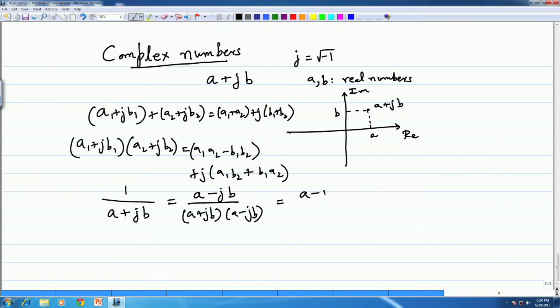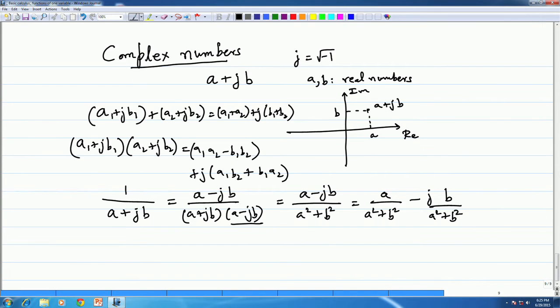So, you simply get a minus j b divided by a squared plus b squared, which is just a by a squared plus b squared minus j b by a squared plus b squared. Okay. So, a minus j b is called the complex conjugate of a plus j b, and if you multiply a plus j b and a minus j b, you get a real number which is a squared plus b squared. Okay. So, this is basic complex numbers.